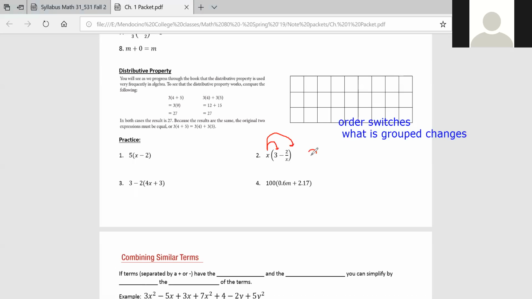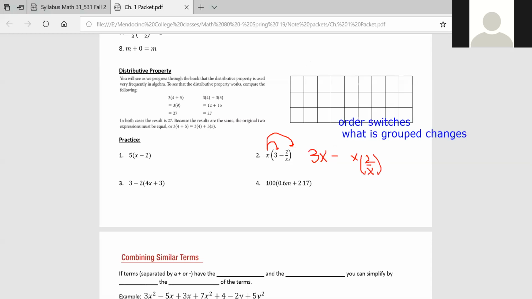So 3x from the first part. Yeah. And then over 1. And minus. Now you're going to do, so you did the 3 times x. Now you're going to do the x times this. So let's just write it out here, like x and then 2 over x. I need to get a better mouse situation here. There we go. So you basically have 2x divided by x.